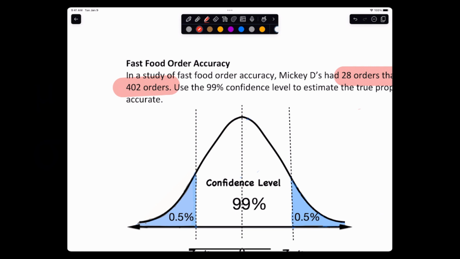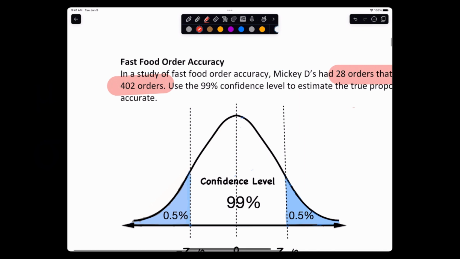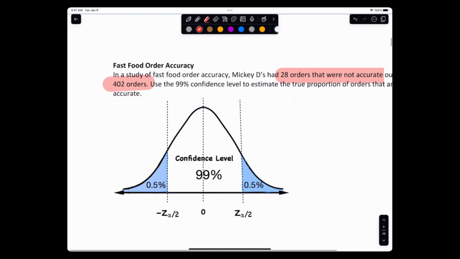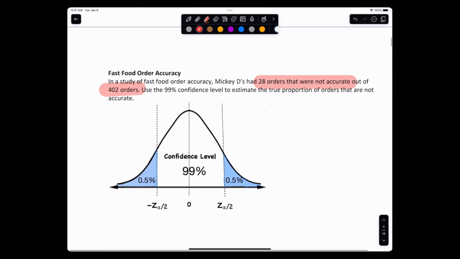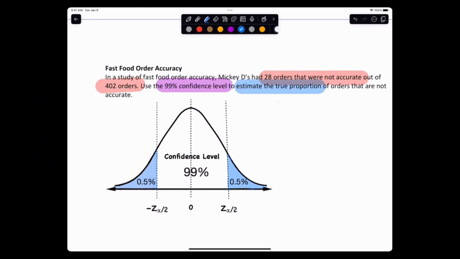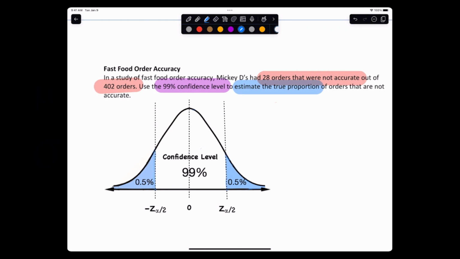You guys see what I'm saying here as we read this? All right, 28 orders were not accurate out of how many? 402. And then what do they say? Good. To do what? That are not accurate. Good job, ladies and gentlemen. You guys see the point?